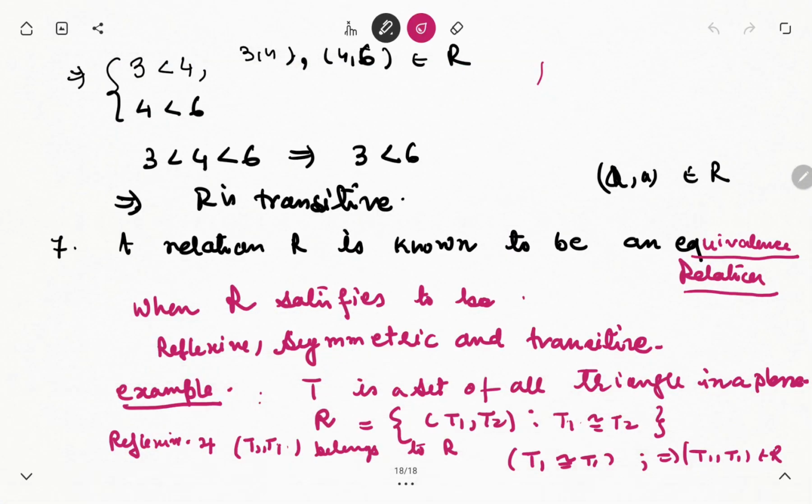Next, to check whether it is symmetric or not. If (T1, T2) belongs to R, this implies T1 is congruent to T2.